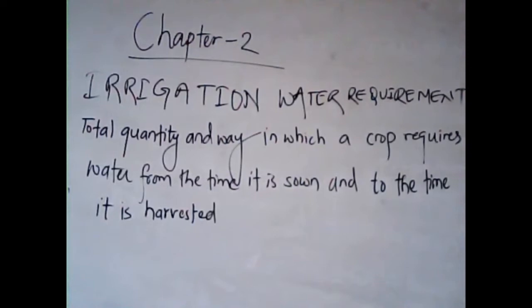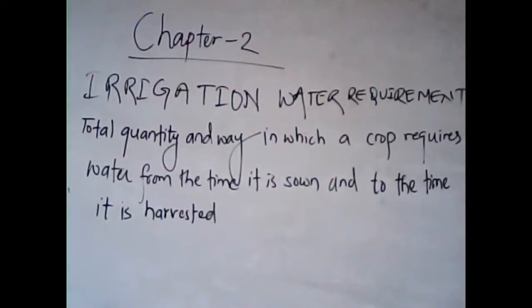Likewise, it also emphasizes the determination of optimum moisture contained in the field so that irrigating water would be used in the most efficient way. Furthermore, it emphasizes how the irrigating water is lost and what the various causes of losses are. It also deals with the efficiencies associated with the irrigation field.